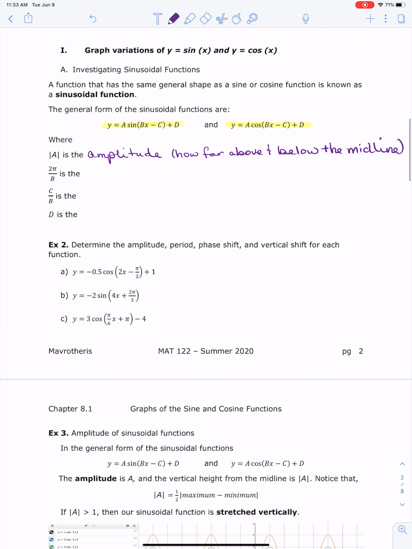It's going to move. 2 pi over B is the period. So that is the length of one cycle. C over B is called the phase shift.